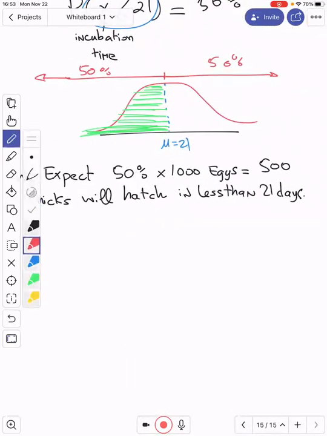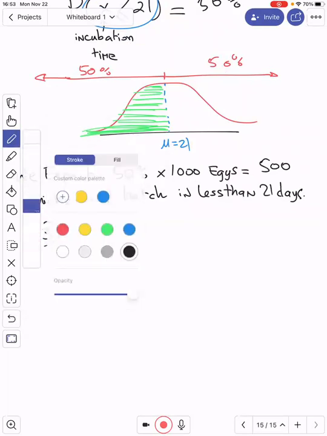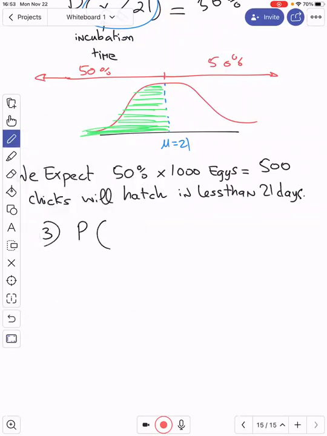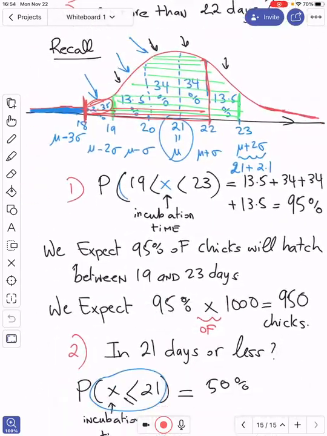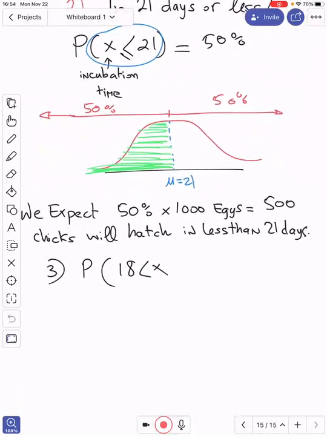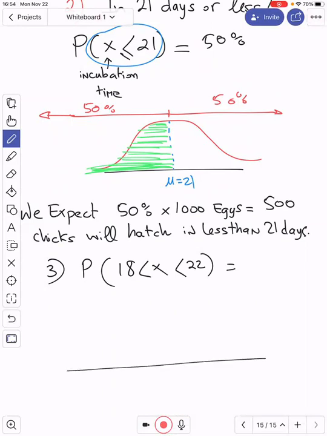For number 3, this is the probability that your x, the incubation time, is between 18 and 22.